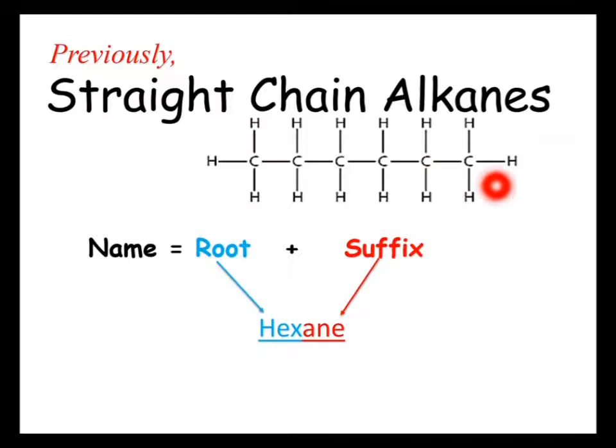In this example, the root word would be hex, since the number of carbon atoms is 6. And then because they are all single bonds, we know it's an alkane, so the suffix is ane, and we put the two together and we get hexane. So that was how we learned to name straight chain alkanes.